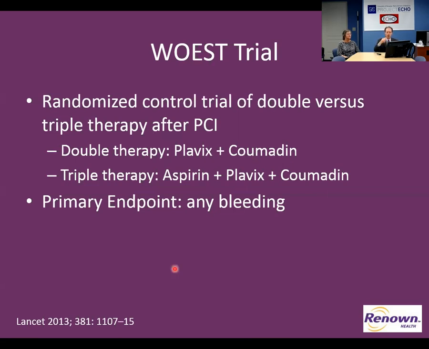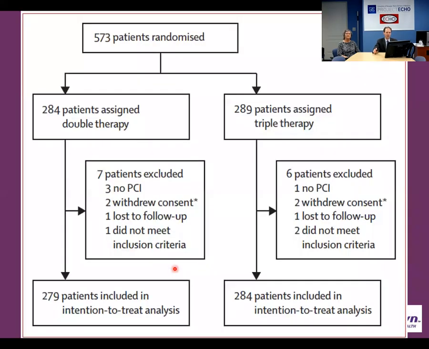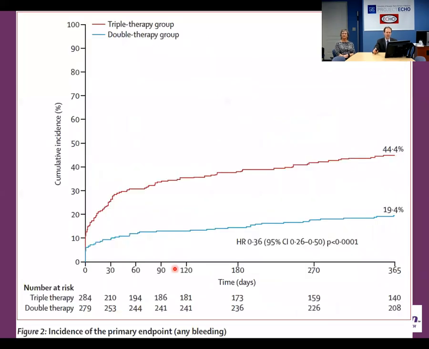The primary endpoint was bleeding, and they looked at stent thrombosis, although for sure none of these trials are powered to detect that. And they found that there is tremendously more bleeding on triple therapy.